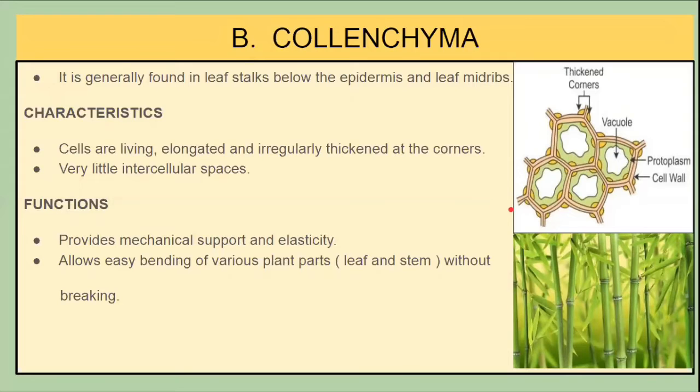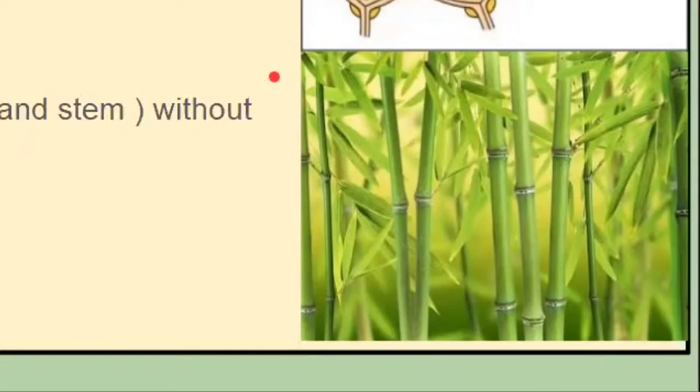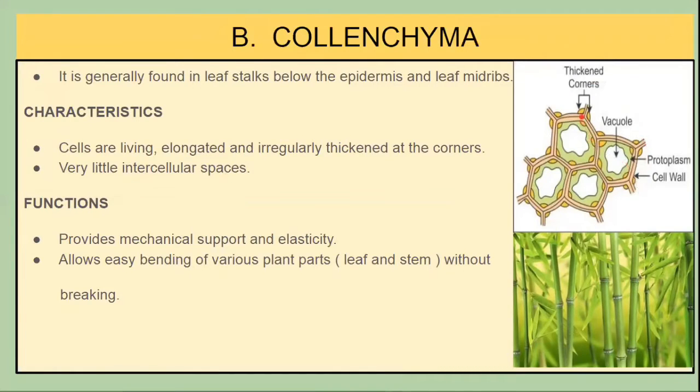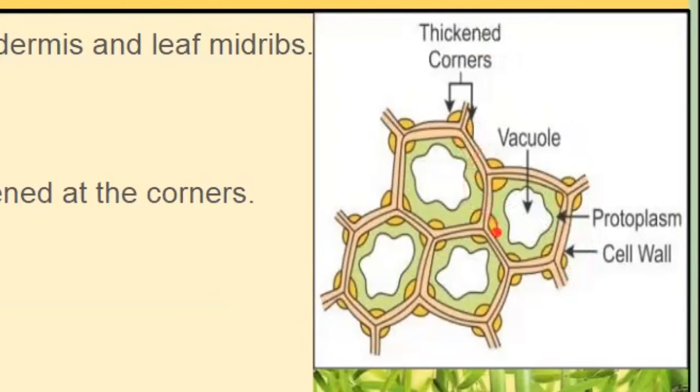The function is very peculiar. They provide support and elasticity, and they also allow the stems to bend without breaking. The irregular thickening over here and vacuoles, large vacuoles, and you can also observe that the intercellular spaces are not there.